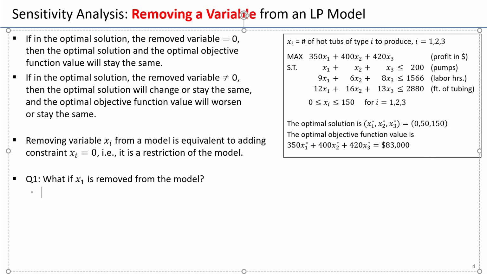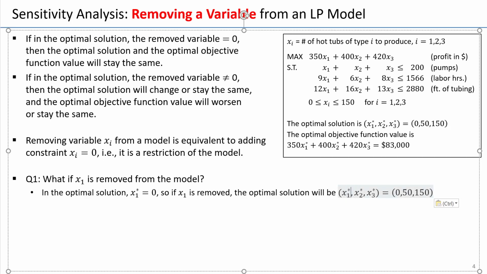So the first thing to notice is that in the optimal solution, x1 star had a value 0. So if x1 is removed, the optimal solution will be the same as before, except that, of course, this first variable is no longer a decision variable in the modified model, so its value will also not appear, but this solution should still be optimal.